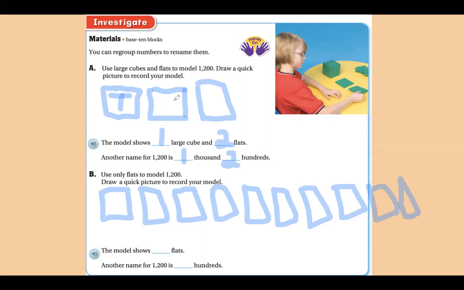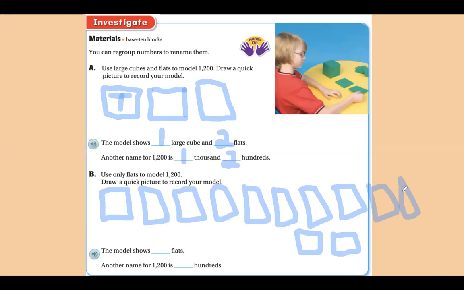So now I need to also put 2 more because it said use flats to model the 1,200. So here's my 1,000, and I'm going to draw 2 more for the 200. So this is showing 1,200, but as only hundreds, right? This model is showing how many flats, and that's going to tell us how many hundreds are in 1,200. So let's count.